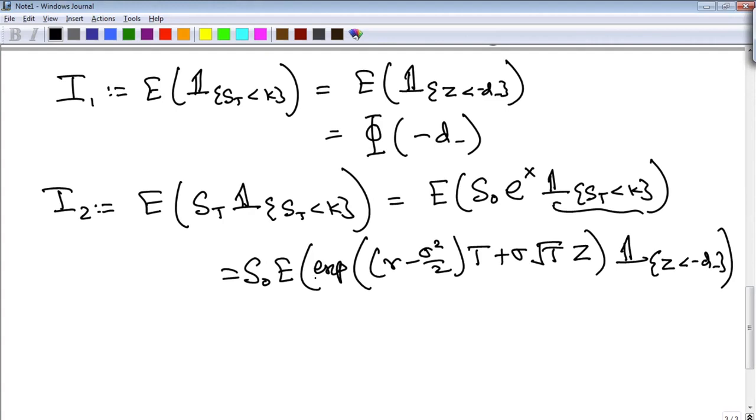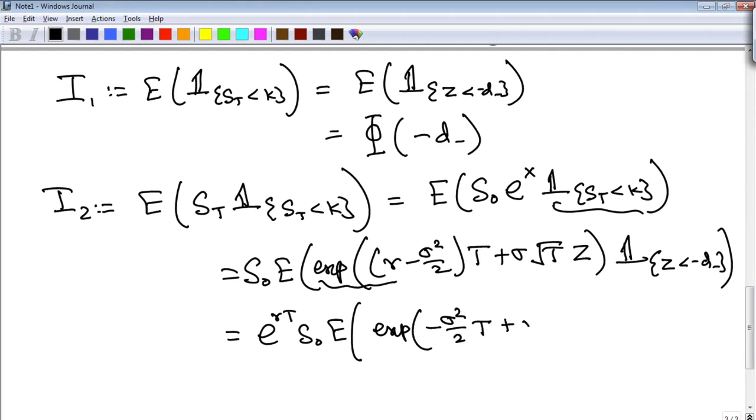Again, you can remove this e^{rT} out. That is anyway deterministic, therefore it can come out. e^{rT} and S_0, you have E of exponential of minus sigma square by 2 into capital T plus sigma root of capital T into Z, times 1 of Z less than minus d minus.